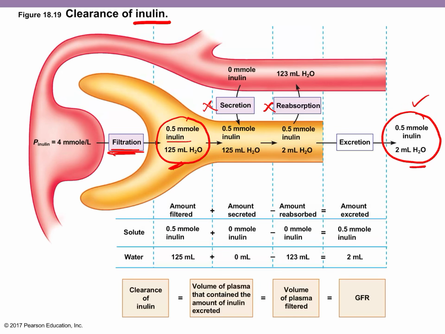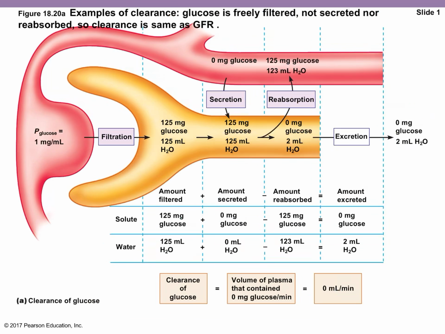So if what's filtered and what is excreted are the same, that means that the glomerular filtration rate is the same as the clearance. Okay? If there's an imbalance of what's filtered and what is excreted, then we can start to make little calls.